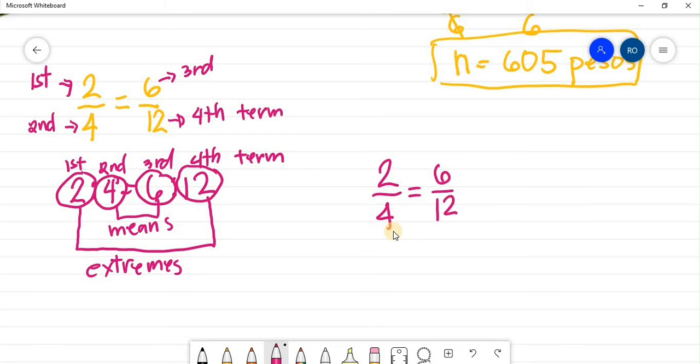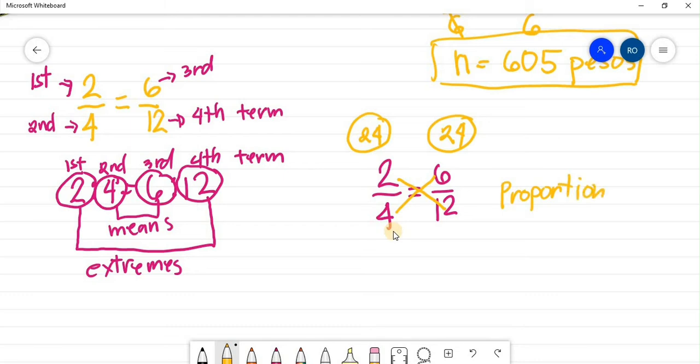Let's use the cross product to see if they are proportions. 2 times 12 is 24. 4 times 6 is 24. As you can see, their cross products are equal. So 2 over 4 and 6 over 12 form a proportion.